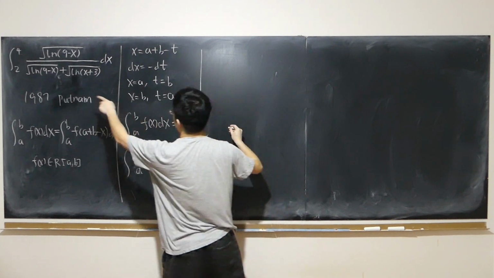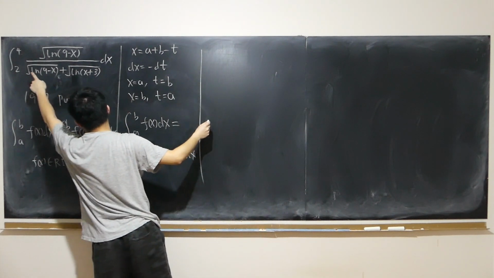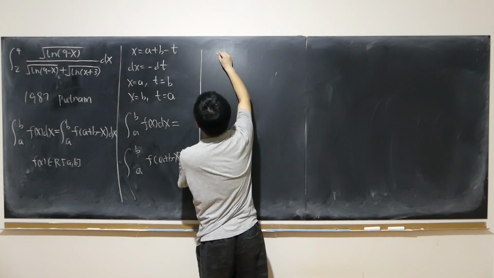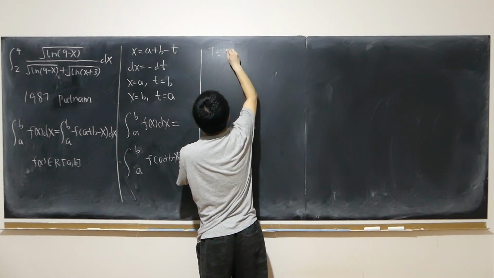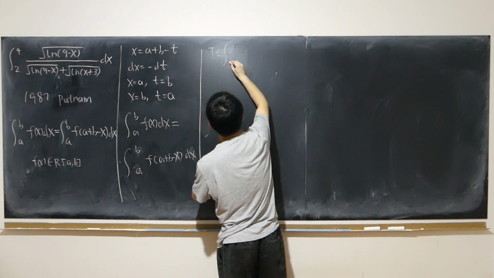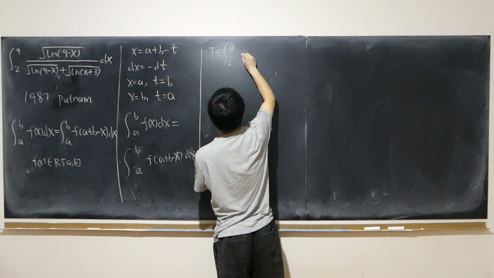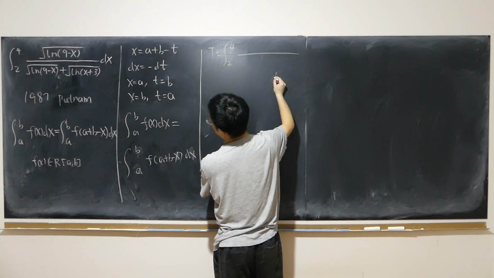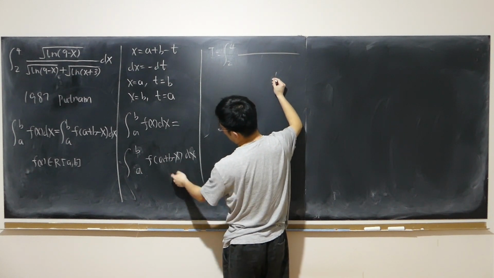So in that case, a plus b is 6. So all we have to do is, this time the integral should be equal to, like I said, still 2 to 4. We just have to replace x with a plus b minus x.